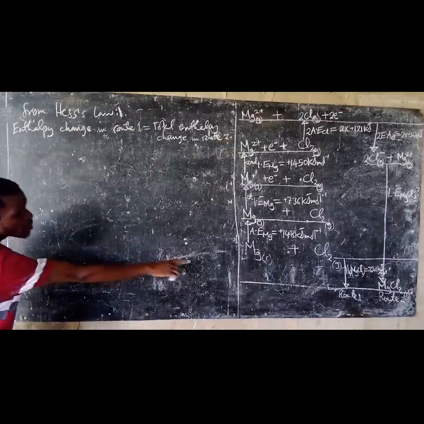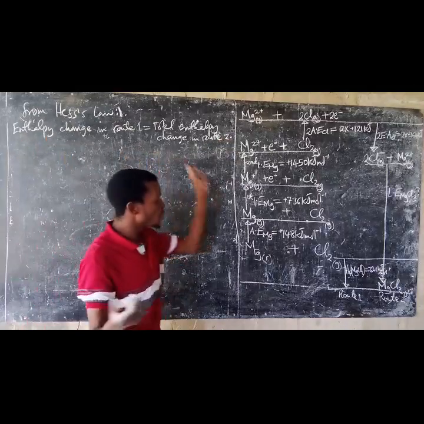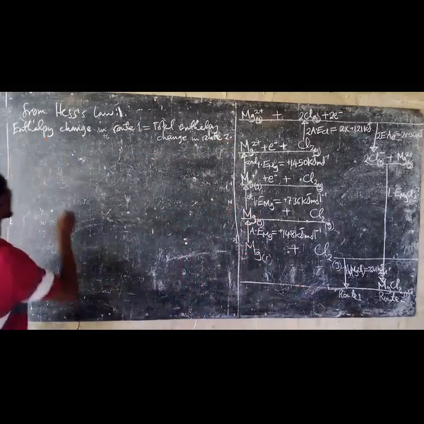But the enthalpy change in route 1 is the enthalpy of formation of magnesium chloride.